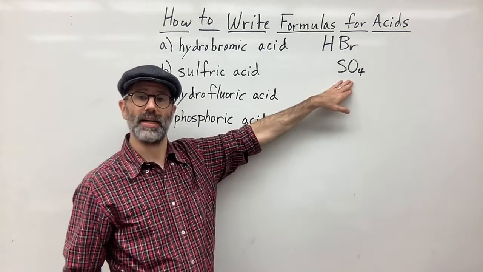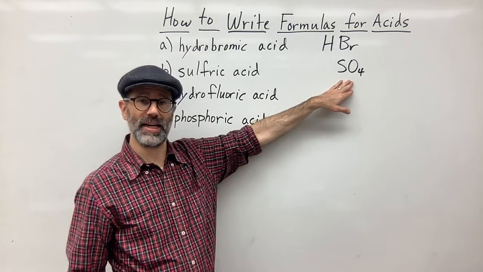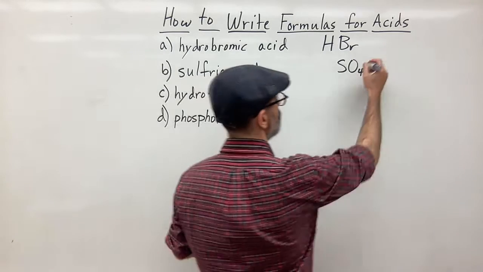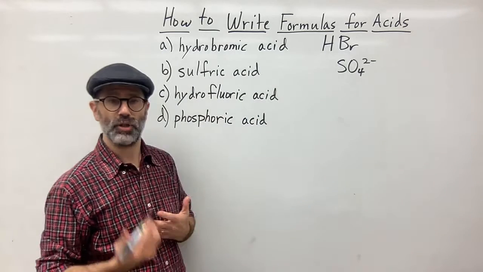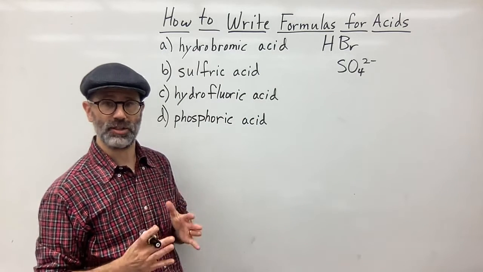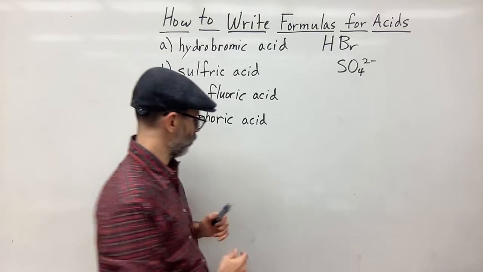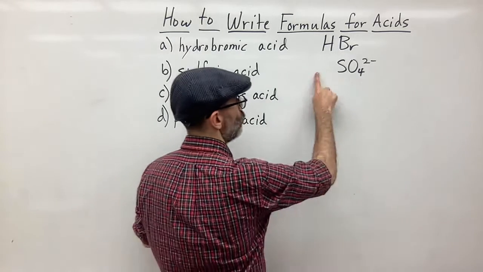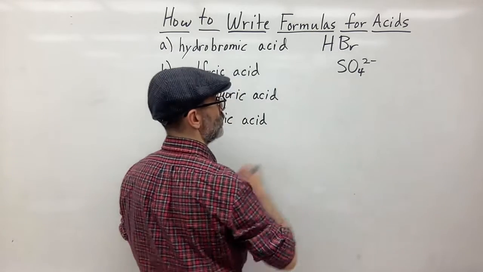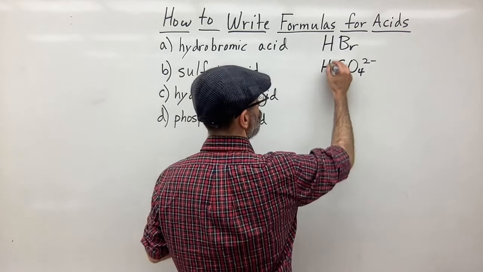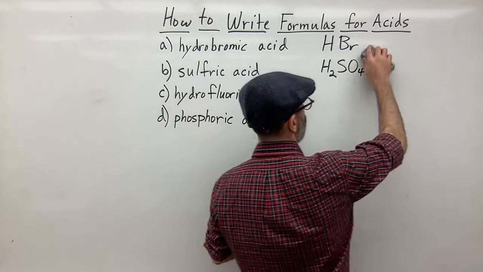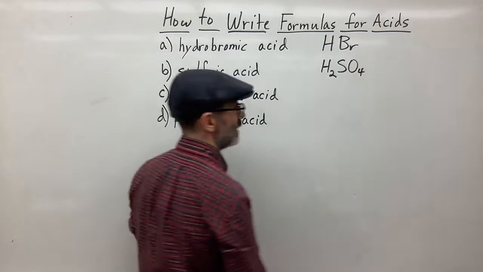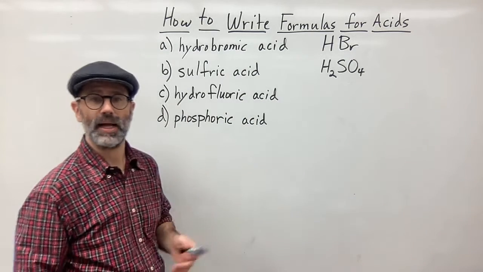SO4 as a sulfate ion has a 2 minus charge. If we're thinking about hydrogen having a plus charge on it, we want to balance the charge, and so we would need two hydrogens to balance that charge. So we would have an H2 in our formula. We get rid of the charge because this is not a polyatomic ion.